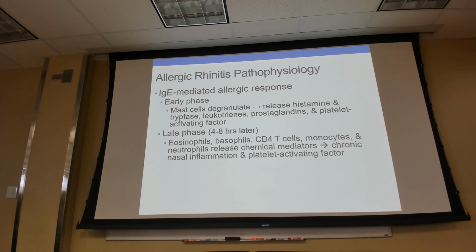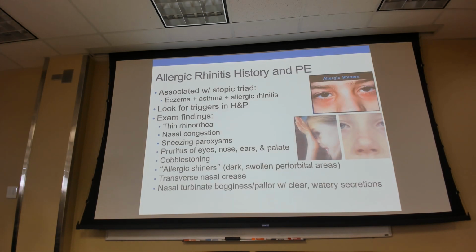So all the cytokines, the leukotrienes, your basophils, your eosinophils, your T4 cells, all of the fun rest of the immune system that has your late phase that's going to have this continual inflammatory response, okay? Which is important when we talk about treatment, your early phase and your late phase.